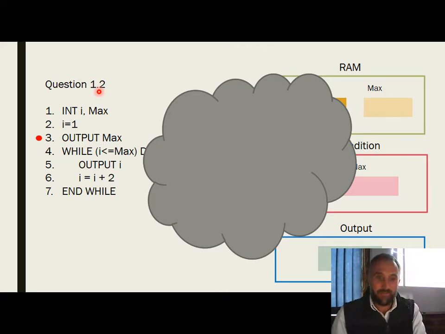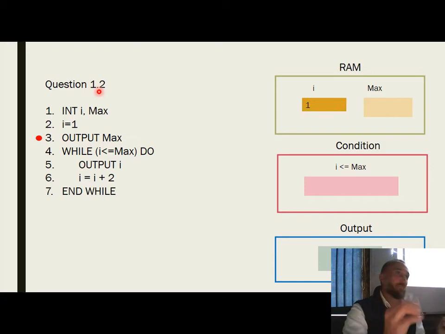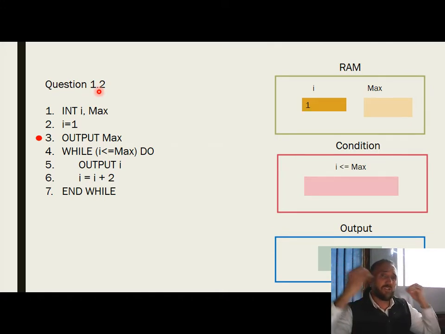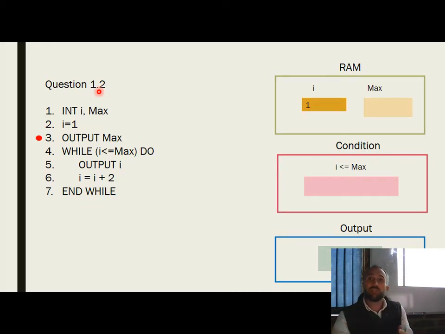But literally, the computer cannot proceed. Max doesn't exist, but you've now asked it to output max, but it doesn't actually exist. So it's kind of like, I can't compute this. It doesn't exist. It wouldn't proceed further. It would just literally exit. Red error, cannot proceed. Sorry for you, I have no idea what to do. Do you guys get me? Your program bombs out. Because I'm outputting something that doesn't exist.